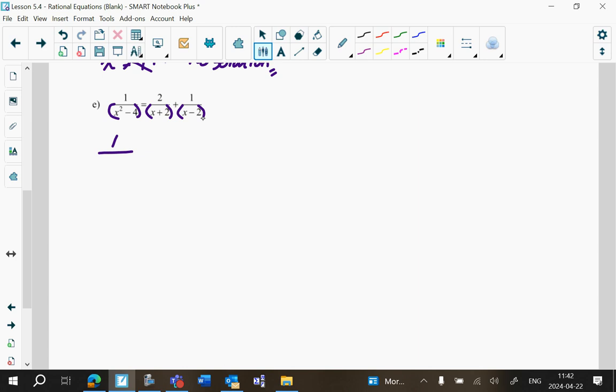X plus 2, x minus 2. Equals 2 over x plus 2 plus 1 over x minus 2. What are the restrictions? What can't x be?